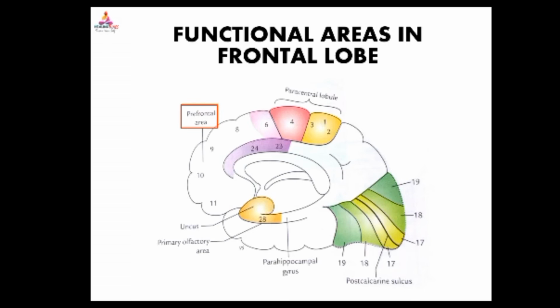However, sensation from the pharynx, larynx, and perineum goes to both sides. The primary sensory area receives projection fibers from the ventral posterolateral and ventral posteromedial nuclei of the thalamus.